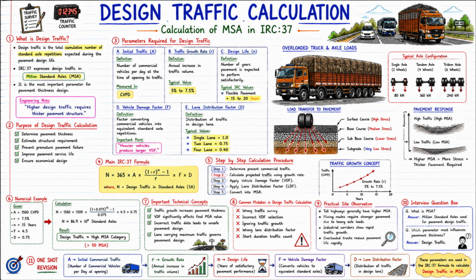Now after applying the formula, N is 86.910 standard axles, and the result came in the HIGH MSA category. That is more than 50 MSA. Now what does this mean? This highway will require a thick pavement structure.